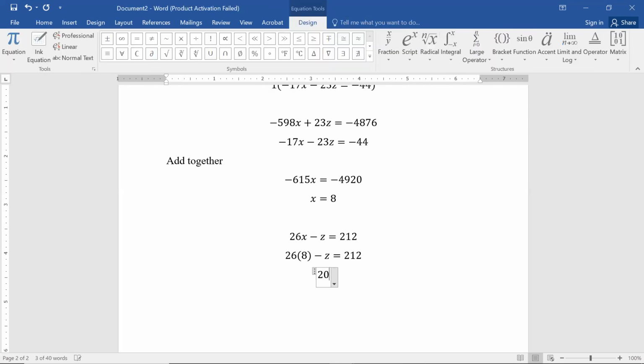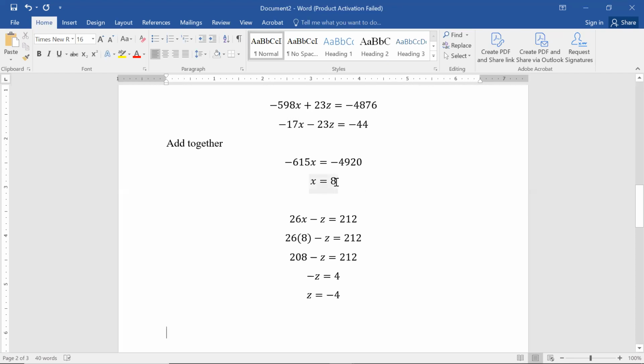So we end up with 208 minus z is equal to 212. Subtracting 208 from both sides gives you negative z is equal to 4, which means when you divide by negative 1, the coefficient of z, you get z of negative 4.